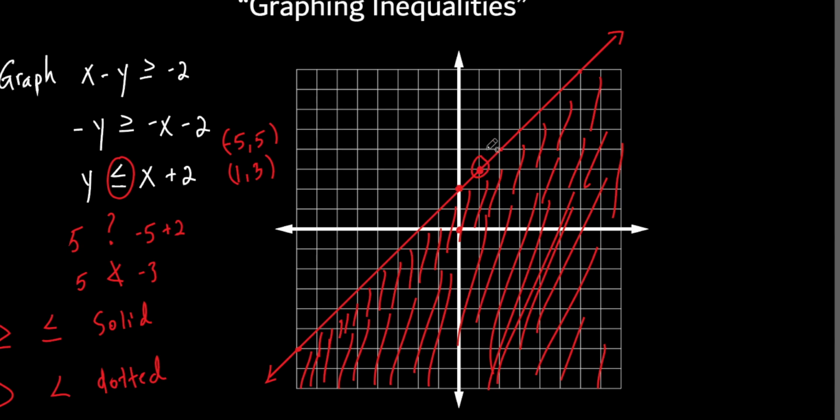But what I'm concerned about is not a point on the line. I'm concerned about other points that are not on the line. Any point in here that I pick on this side of the line will make this thing work, right? Let's say I pick that point 1, 3. So y is 3. This is 1 plus 2 is 3. Is 3 less than or equal to 3?